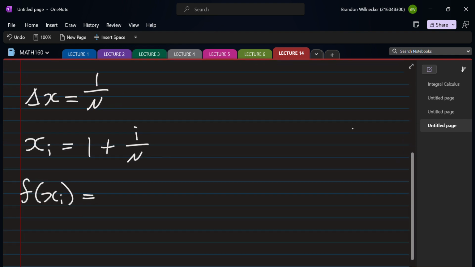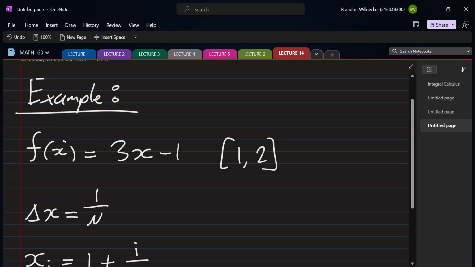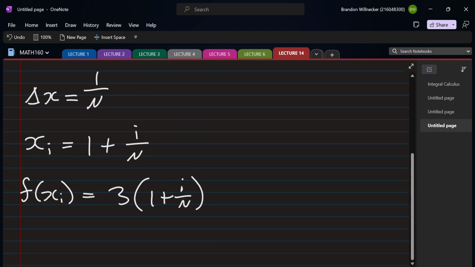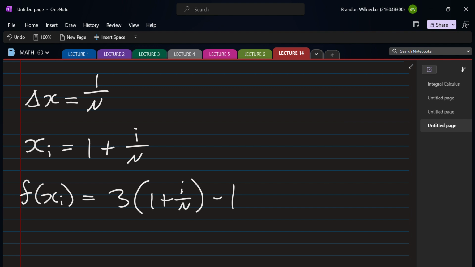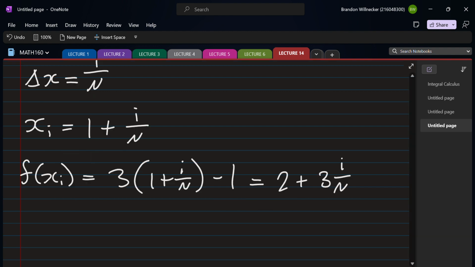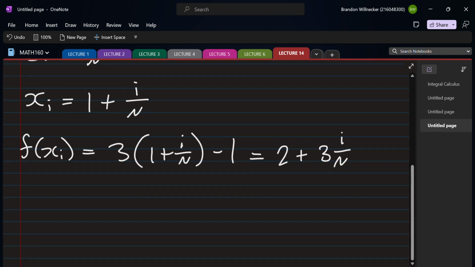So it will be 3(1 + i over n), and then we've got the minus 1. Now we can simplify this a bit to make things easier for ourselves. So we have 3 - 1, that will be 2, plus 3i over n. So that's our f of xi, which is the height of the rectangle.